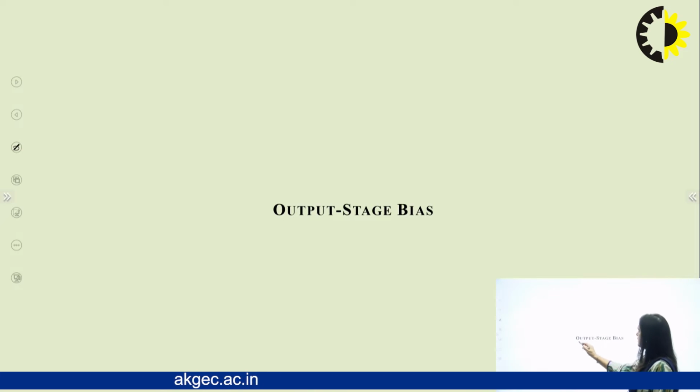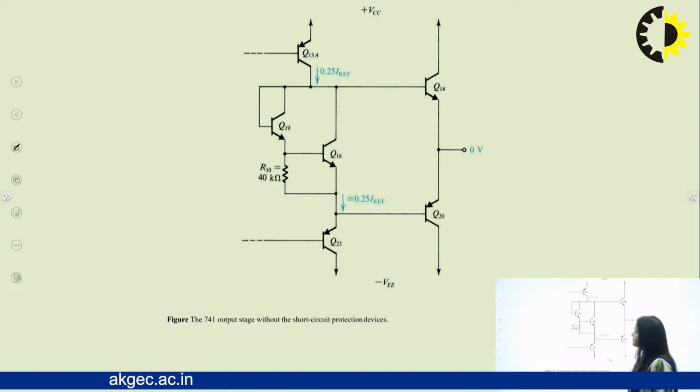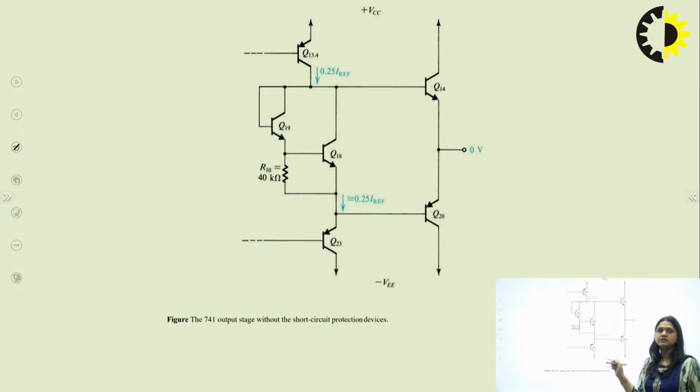Now come to the output stage. This is the circuit diagram for the output stage, where I have excluded the short circuit protection transistors. These are the transistors purely used for the output stage.